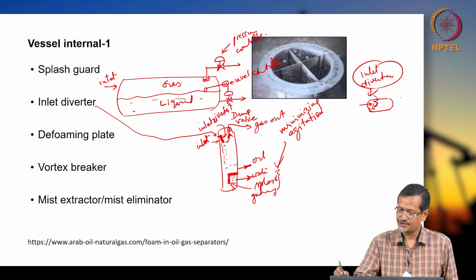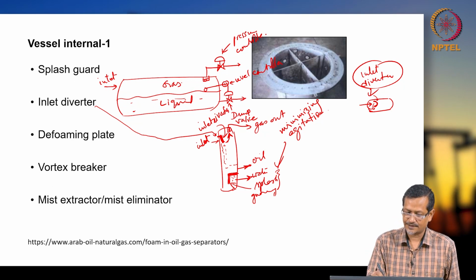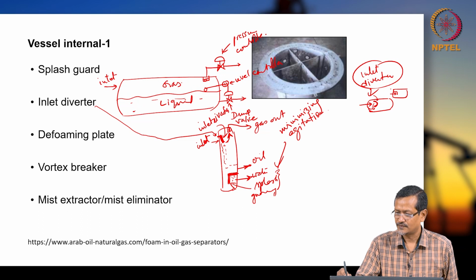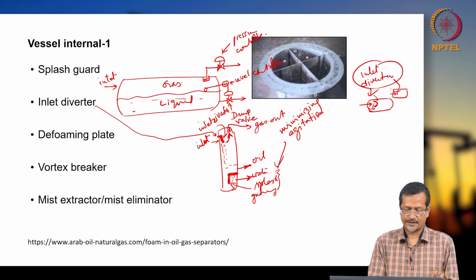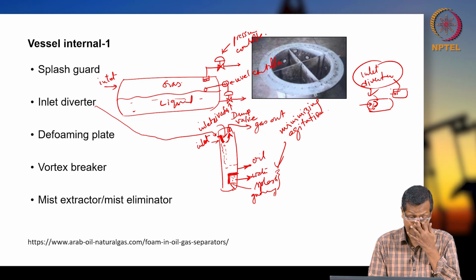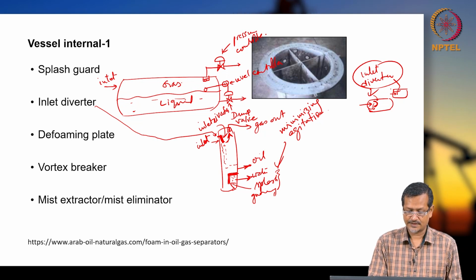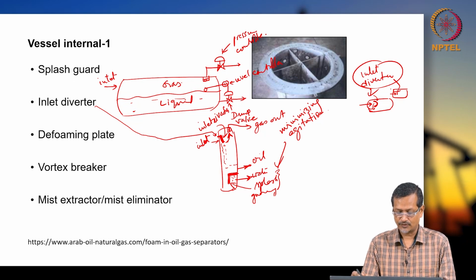And another shape can be L shaped. In the vertical separator I have shown the L shape, it will be like this, entering. This is an inlet diverter. It will help to control the emulsion or foaming in the vessel by directing the flow down along the side wall.